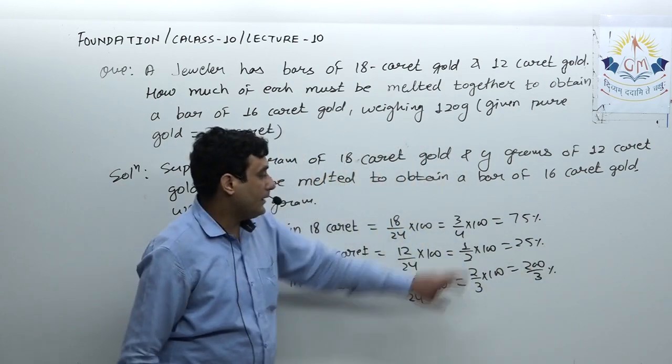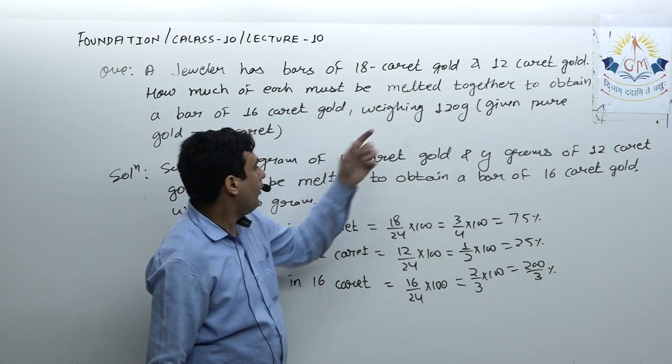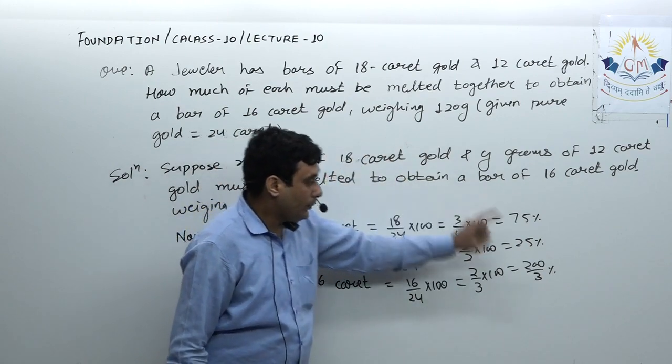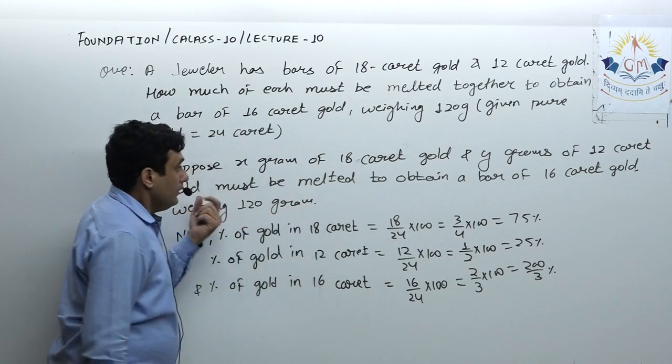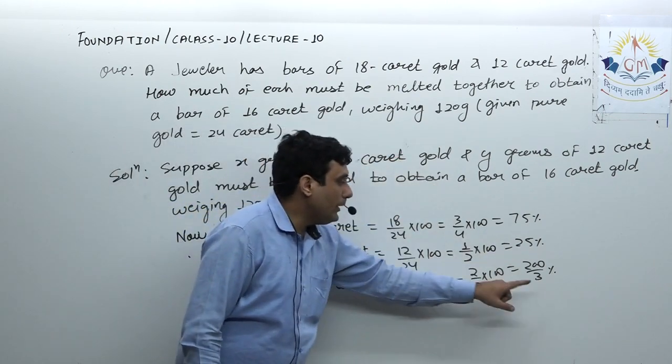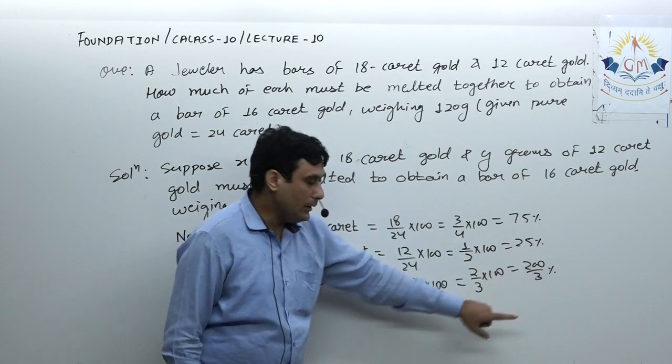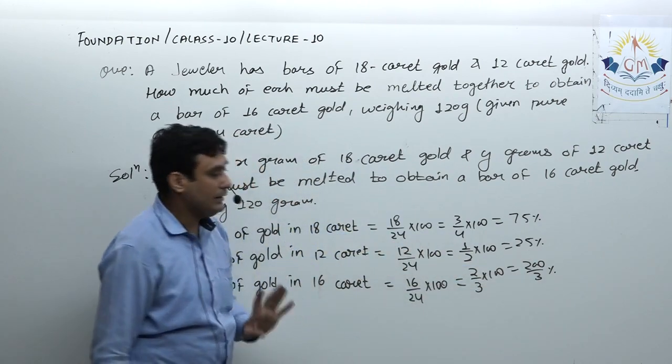In other words, I can say 75% of 18 carat plus 25% of 12 carat should be equal to 200 by 3% of that 16 carat.